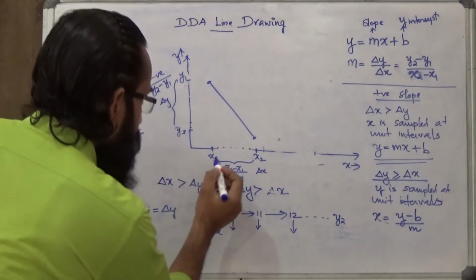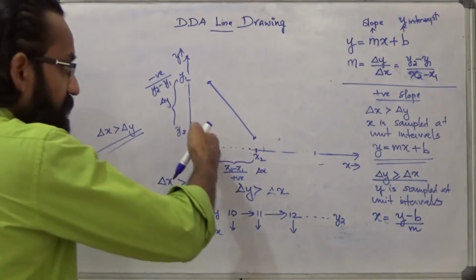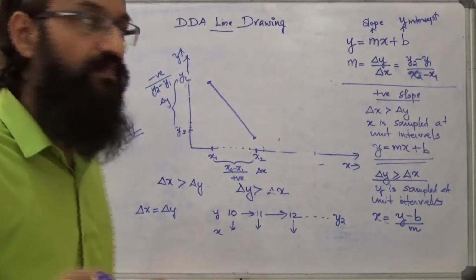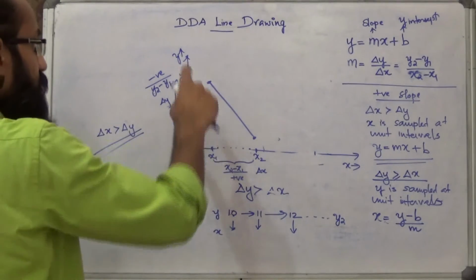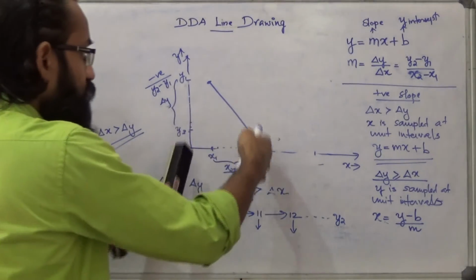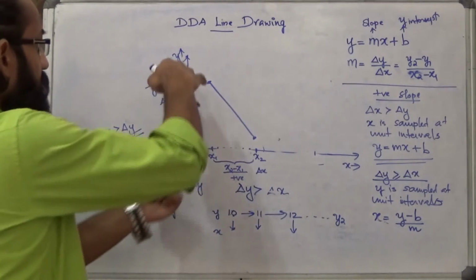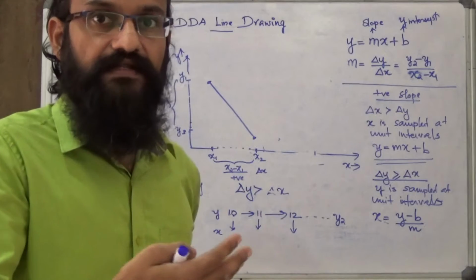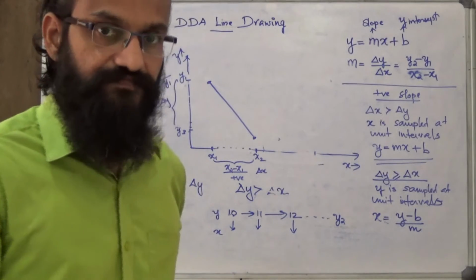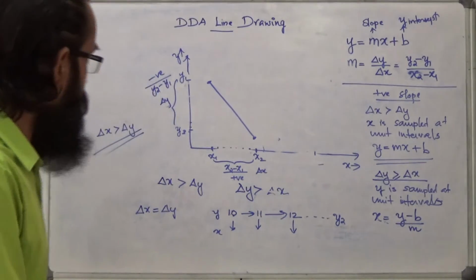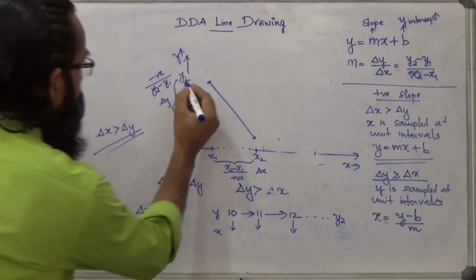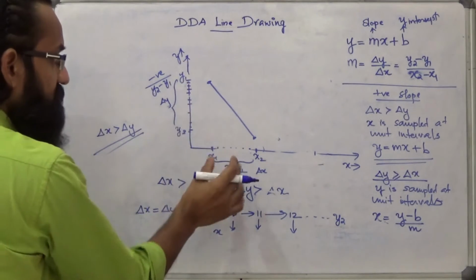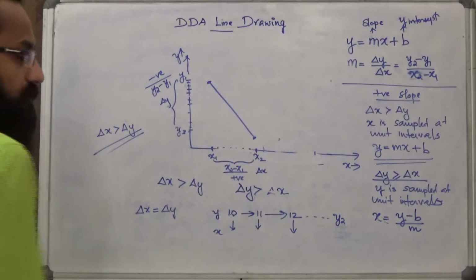But if you consider the actual magnitude, if you sample x at unit intervals, you will be getting a lesser number of samples, because the magnitude of y difference is greater than that of x difference. So in this case, if you sample y at unit intervals, you will be getting more samples as compared to the x direction.